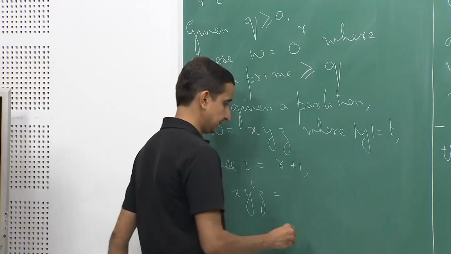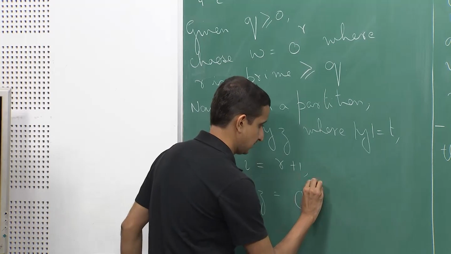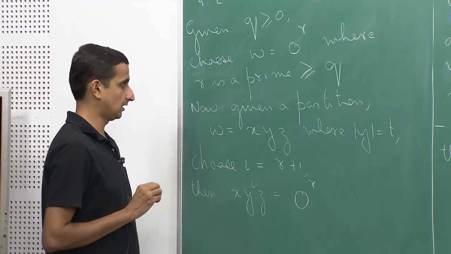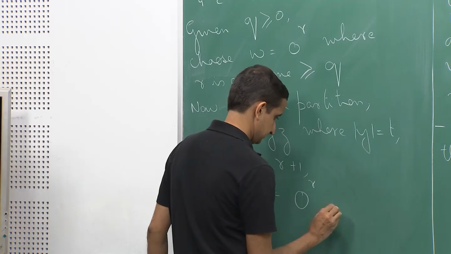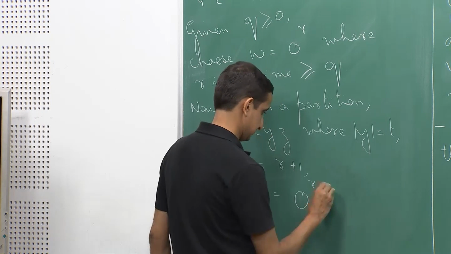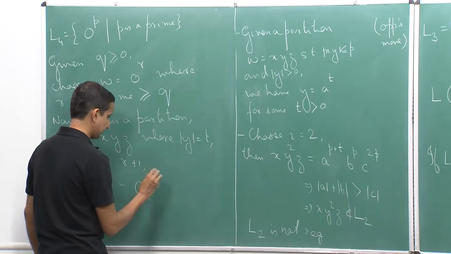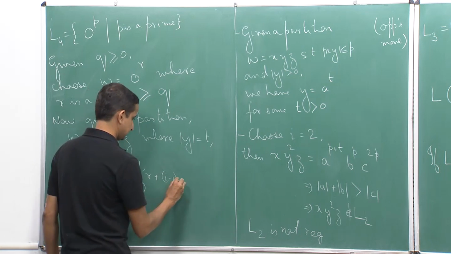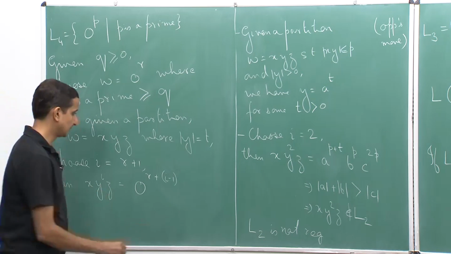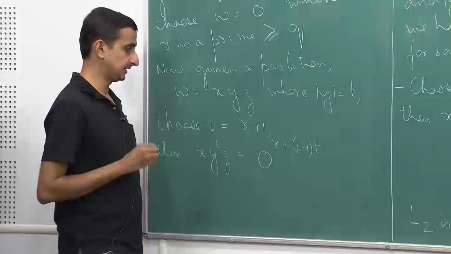So, this will be 0 to the power r plus (I minus 1) times t.